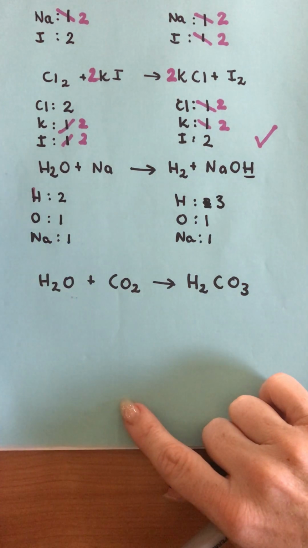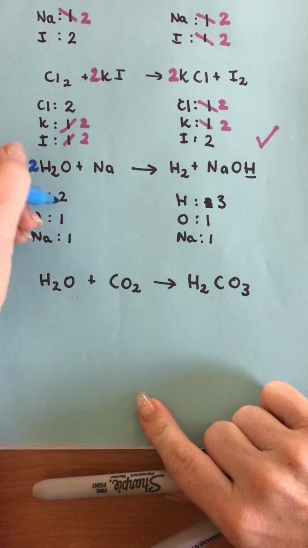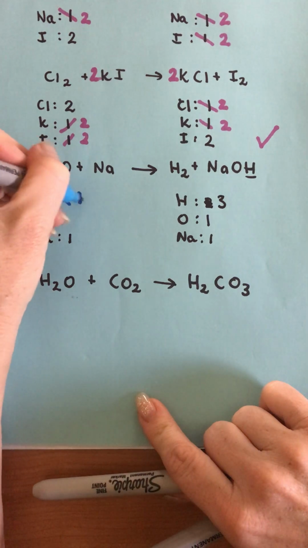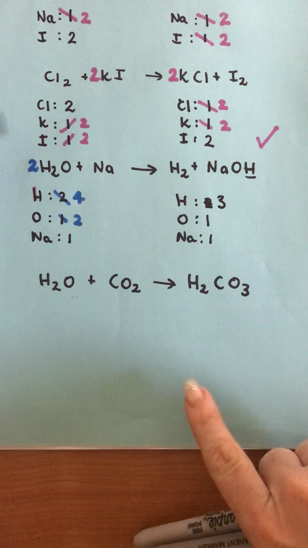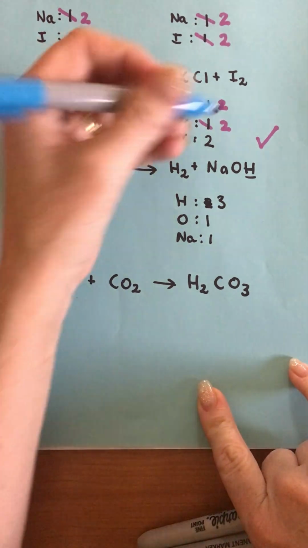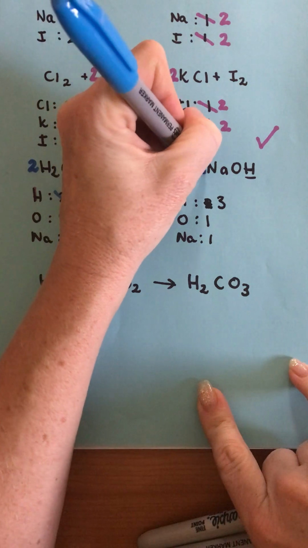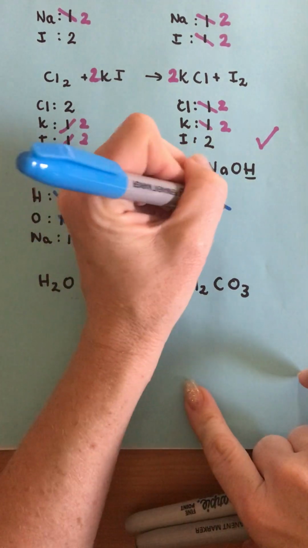Now I need to start balancing that, so obviously I need more hydrogens. So if I put a 2 here, that's going to take me to 4 hydrogens, 2 oxygens, but then that means I don't have the right number of oxygens or hydrogens. So if I put a 2 in front there, that's going to then take me to 6.